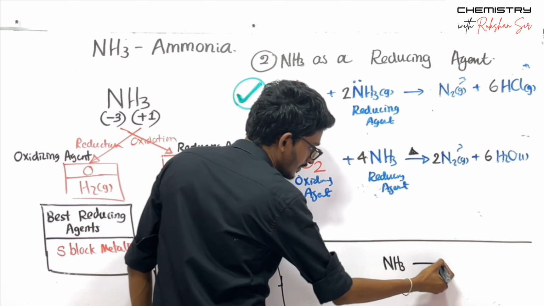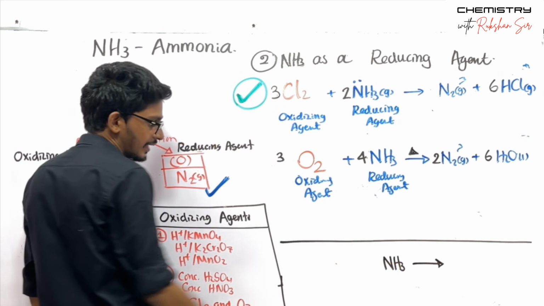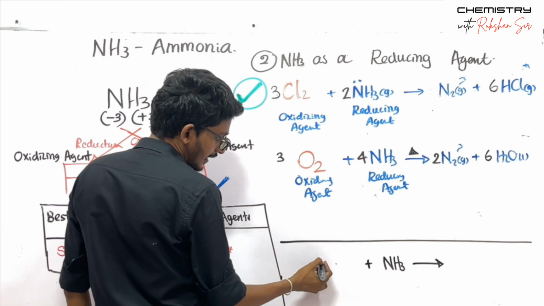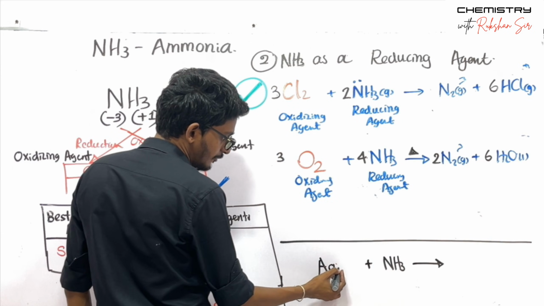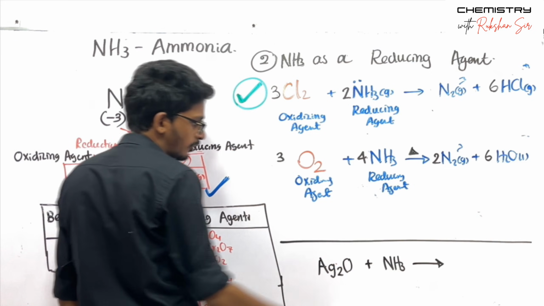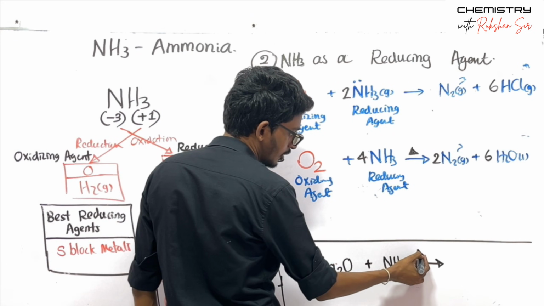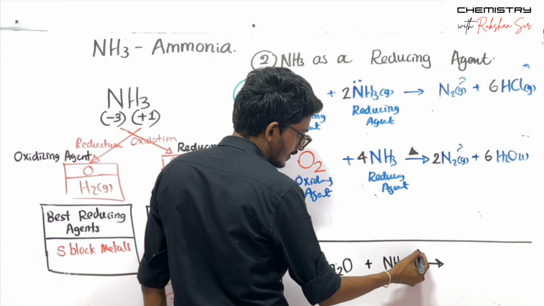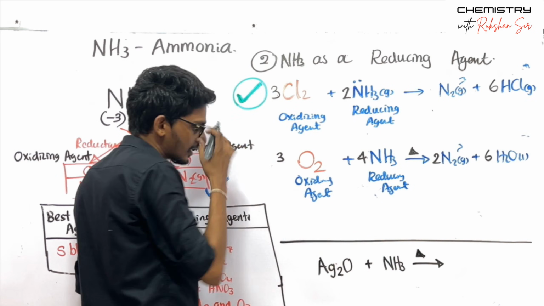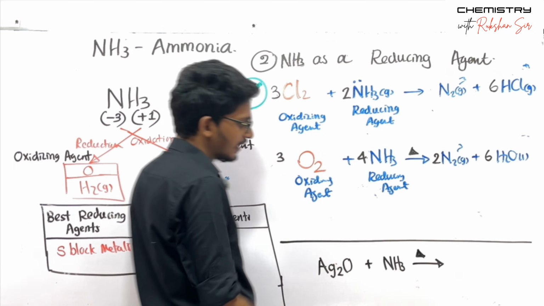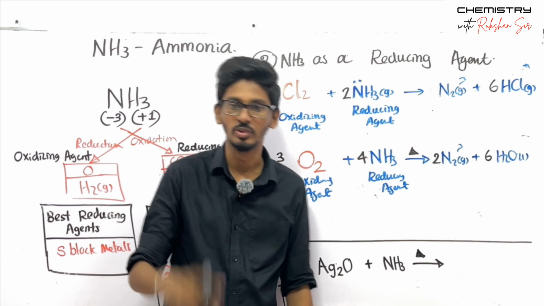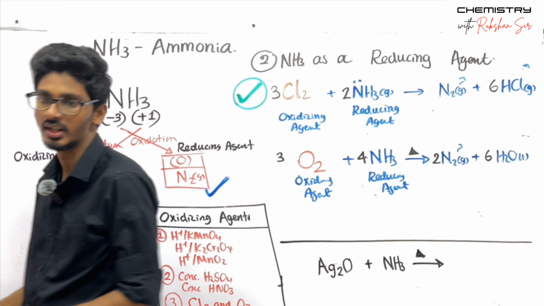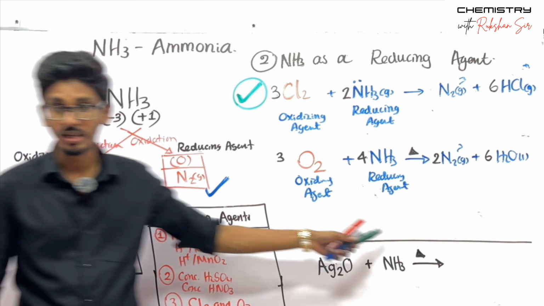Just tell me what will happen if you heat the silver oxide with ammonia. Think and tell me, what should be the products?